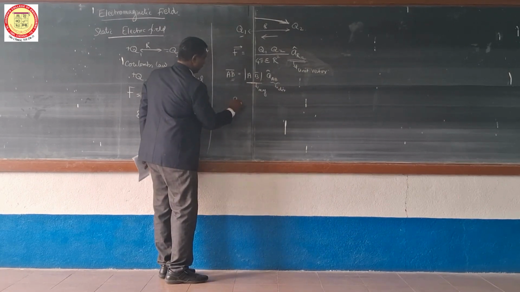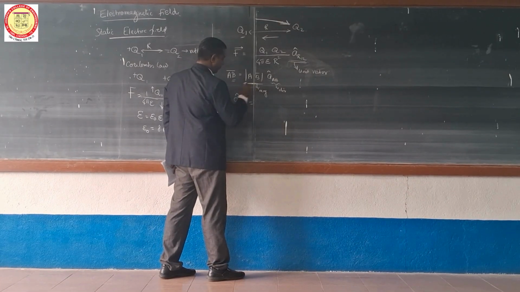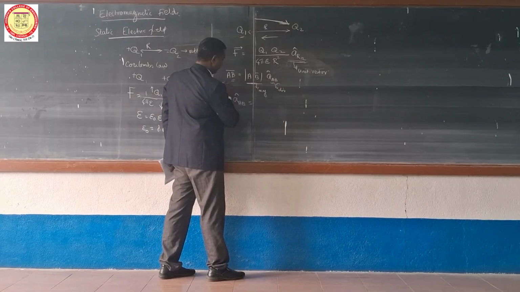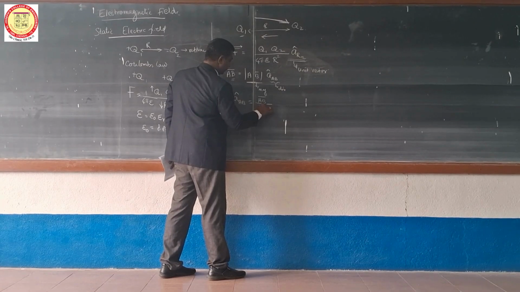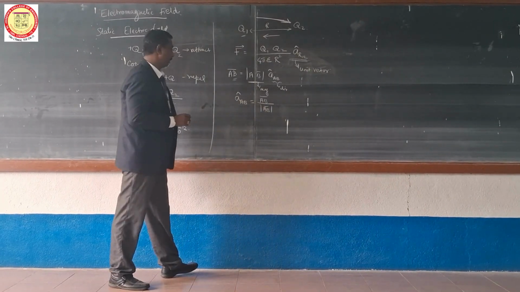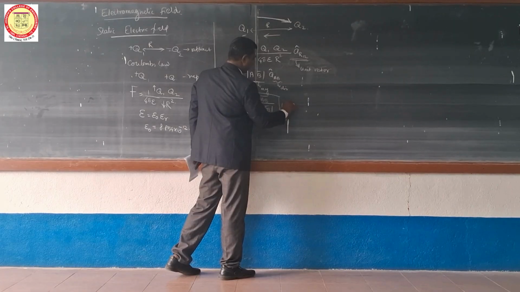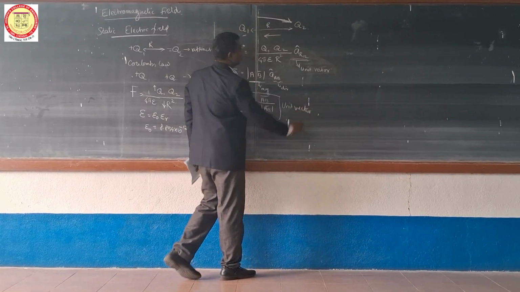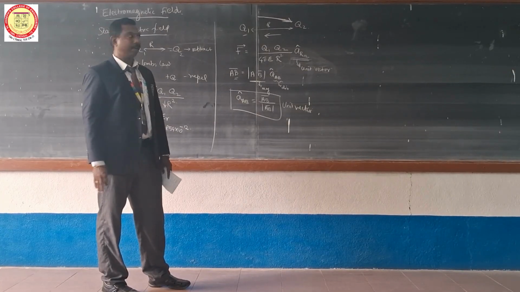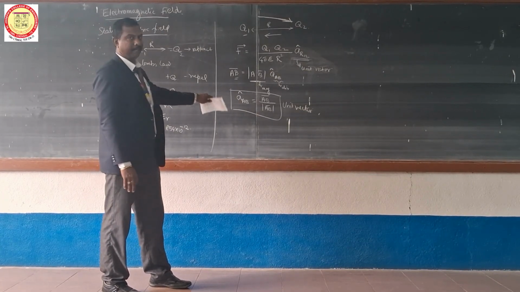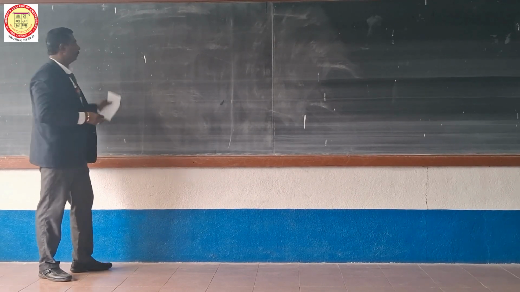So if you find this direction component, which is nothing but the unit vector, what will be the formula? Given vector by modulus of that vector. So this we call the unit vector. So we need to add this component also into this equation, right? You will see problems related with that. Okay, we will solve a problem for that.